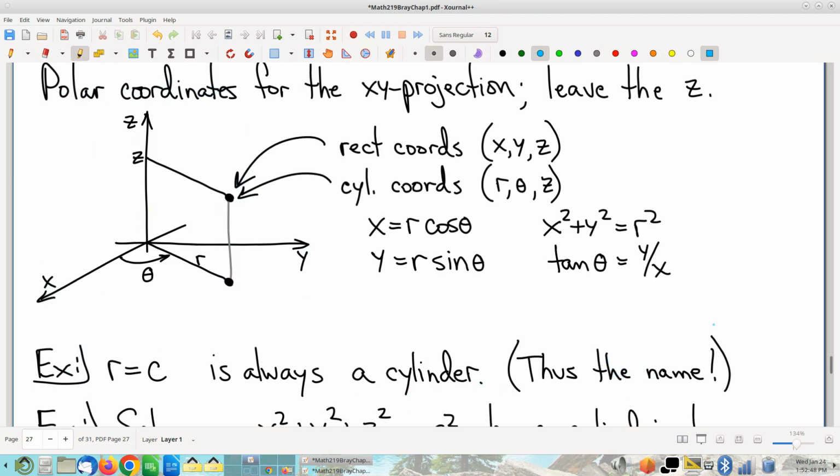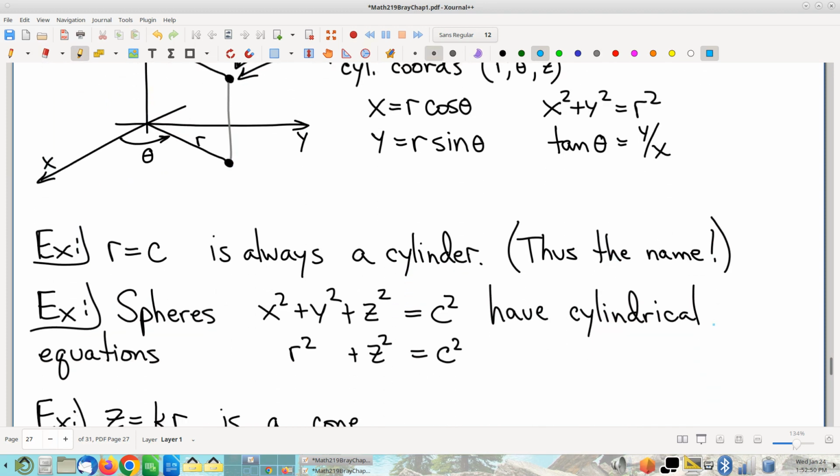All righty. Let's talk about a sphere. Here's the equation of a sphere in rectangular coordinates. How would I write this in cylindrical coordinates if I, for whatever reason, found that there was good cause to want to do business in cylindrical instead of rectangular, which, by the way, there will be. Just give it time. How would I do that? Well, just like with polar, you just make the appropriate substitutions.